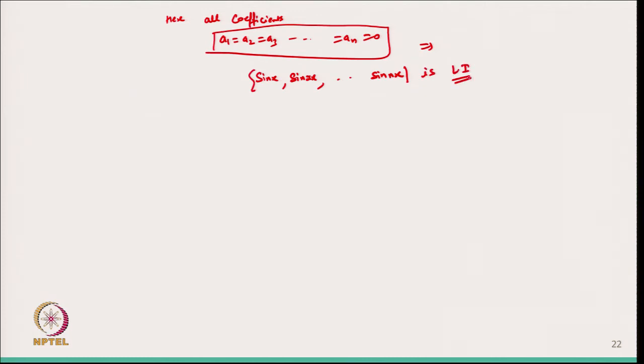Okay, so from here we can check that this is the linearly independent set. So, we are done.